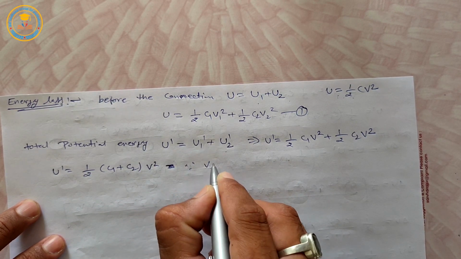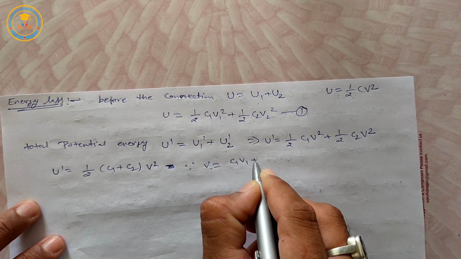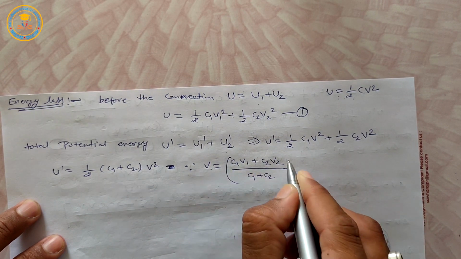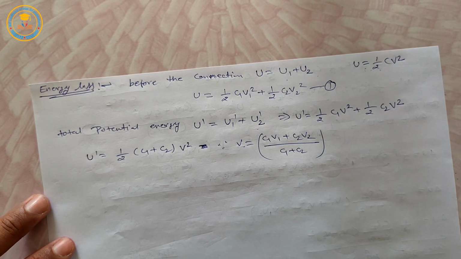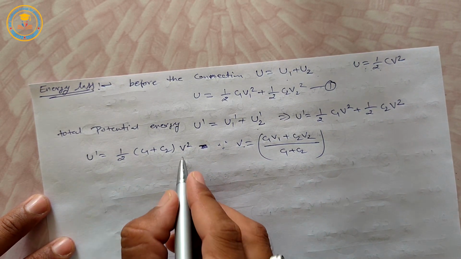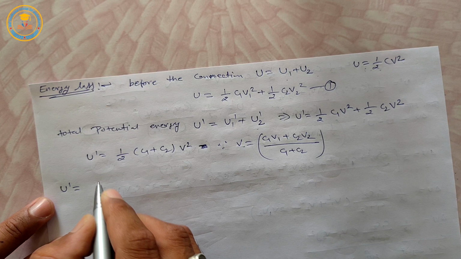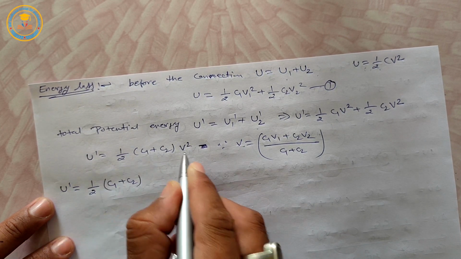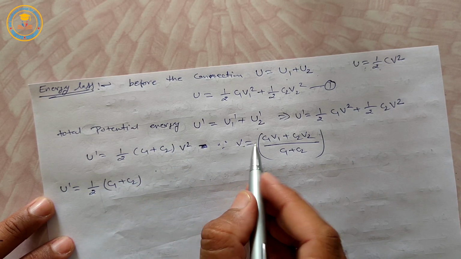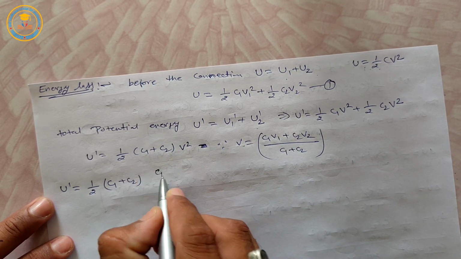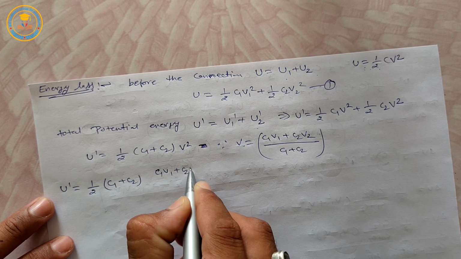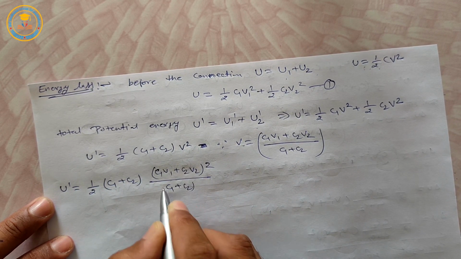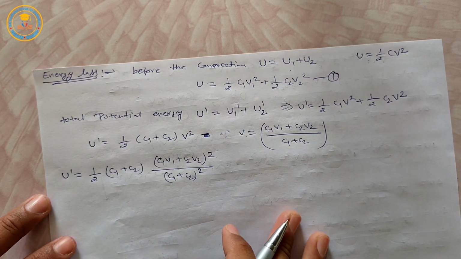Since V is equal to (C1 V1 plus C2 V2) upon (C1 plus C2), this is the value of the common potential. Then put the value of V in this equation. So U dash is equal to 1 by 2 (C1 plus C2) V square. Squaring, we get (C1 V1 plus C2 V2) whole square upon (C1 plus C2) whole square.